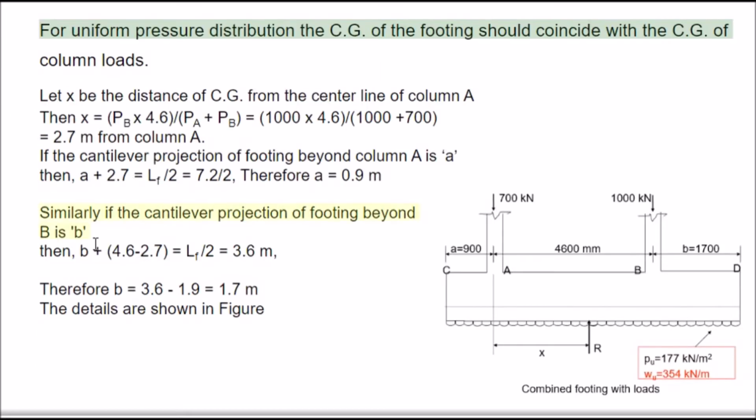For uniform pressure distribution, the CG of the footing should coincide with the CG of column loads.